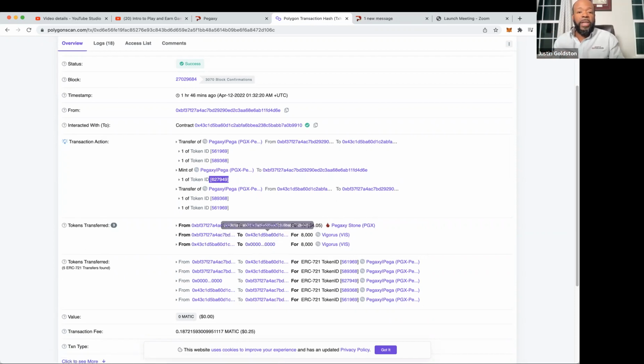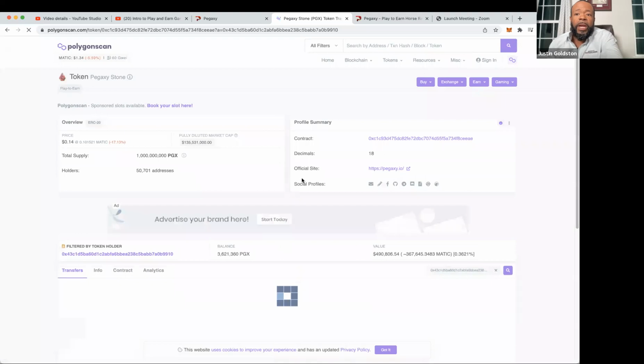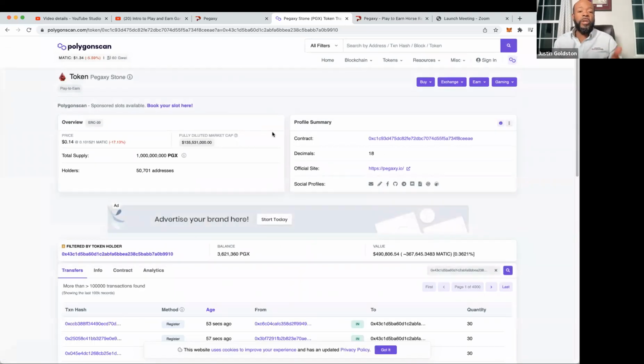Now you see that there's not a burn address for this PGX token. That PGX token is the governance token of Pegasy. Again, Pegasy is just one of these play and earn games on the blockchain. So if I select this transaction here and I go to this PGX, you can see that the contract which those 30 PGX were sent to ends in CCAE.